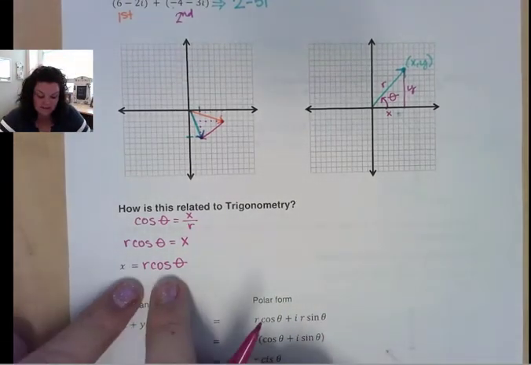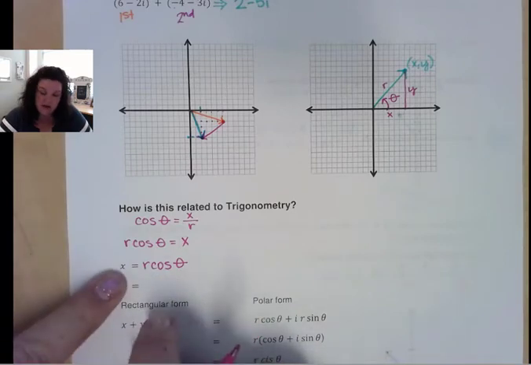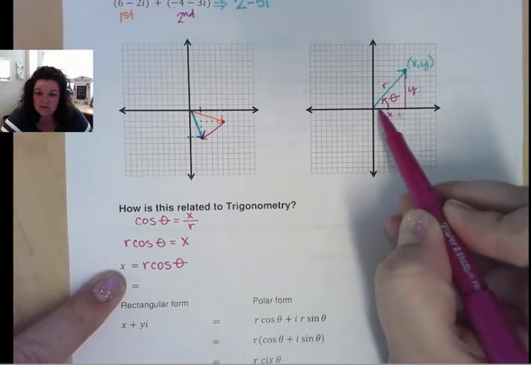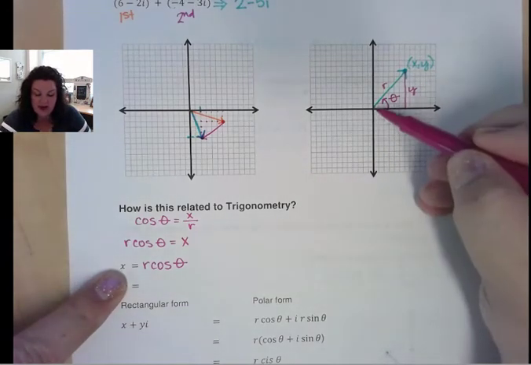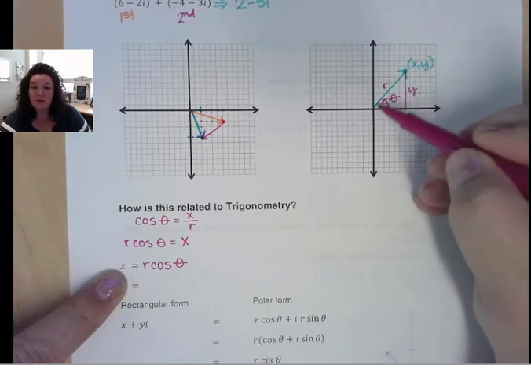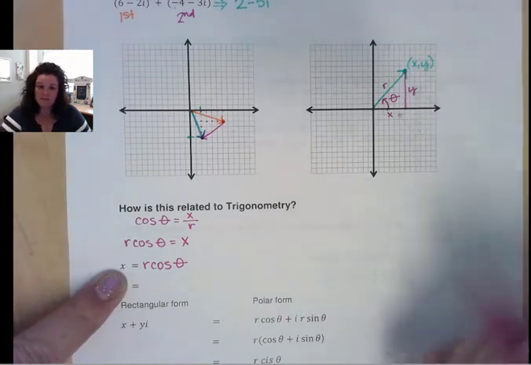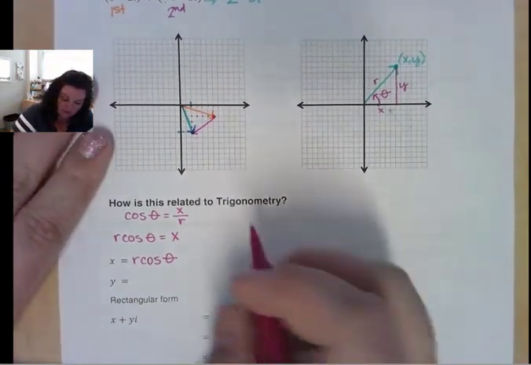Okay? And what this does is it's basically relating that real number part, that real distance that we can count, which is x, that real number part x, to the magnitude and the direction of theta. Okay? So let me just write that. That way if you look back at this, you know what we're talking about.